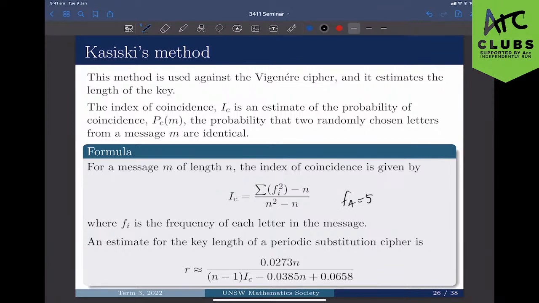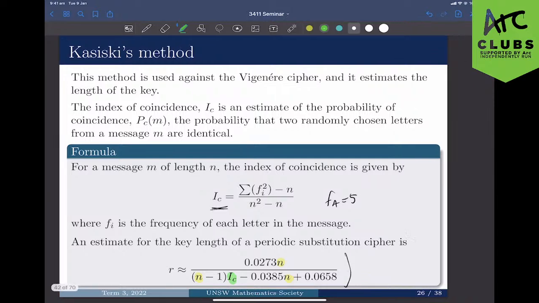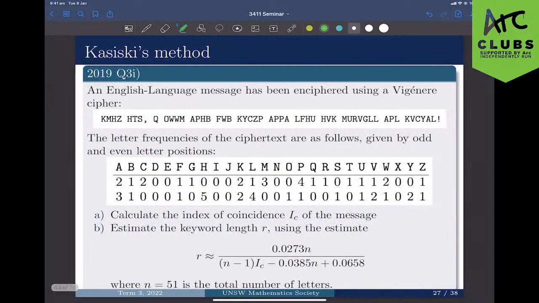Once we've found this index of coincidence, we're able to calculate an estimate for the key length R for the periodic substitution cipher. Here we have our n, and here we use the IC that we found. Once we know n and IC, we can find an estimate for R. So let's look at an example.